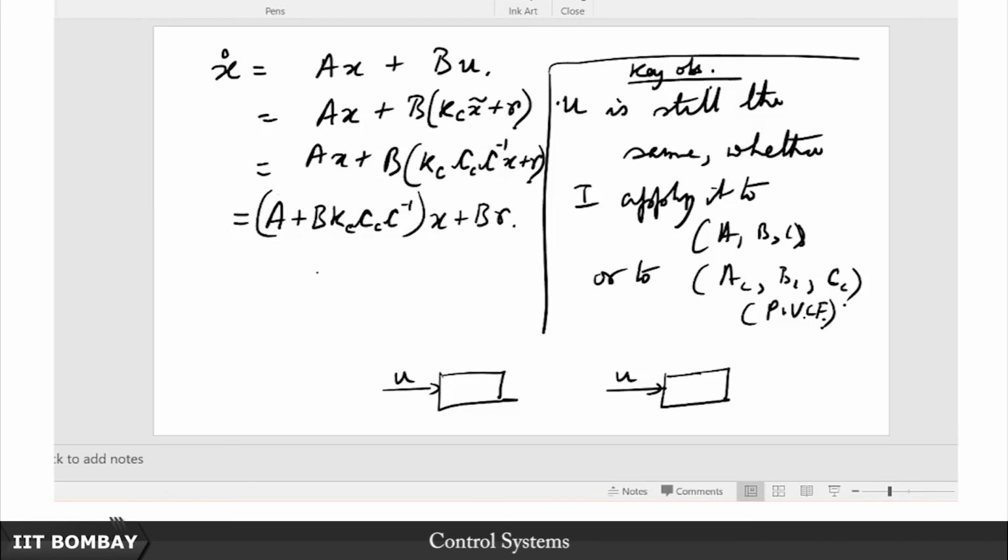So effectively, my K in this domain is going to be nothing but Kc times Cc times C inverse. Remember, I know each and every one of them now. I know Cc because I know what Ac and Bc look like, and therefore I know what Cc looks like.